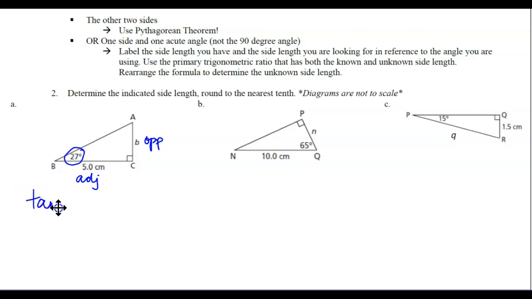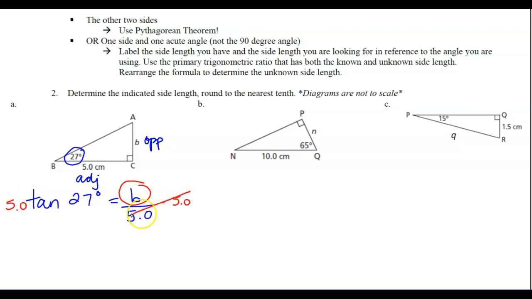So tan of 27 degrees, so now I'm putting in the value because I know that angle, equals the opposite, which is B, over 5.0, or just 5. Okay, so now our unknown, we have to solve for this B. Well, the opposite of dividing is multiplying both sides.